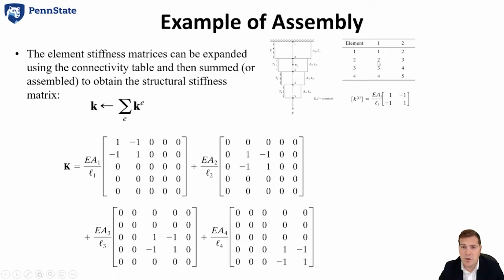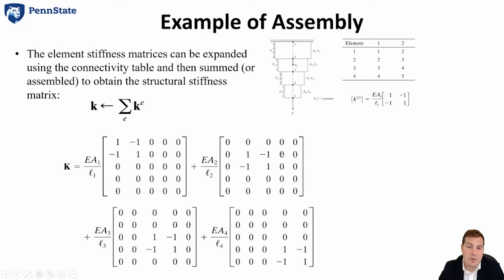So element 2, the local node 1 is 2, and local node 2 is 3. Okay? So locally we're here 1 and 2, which correspond to 2 and 3. So we put that 2 and 3 in this position.